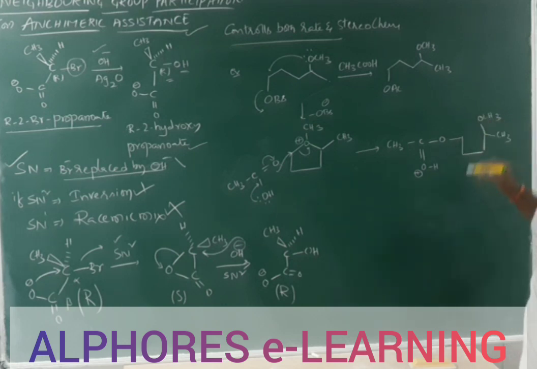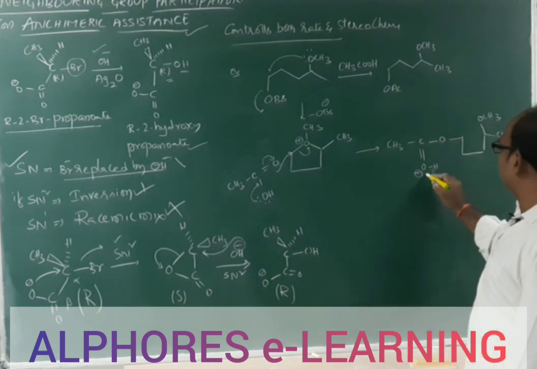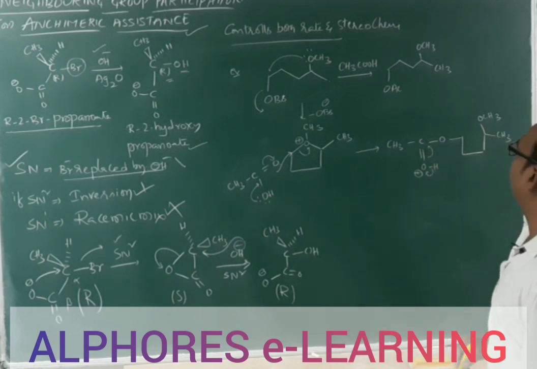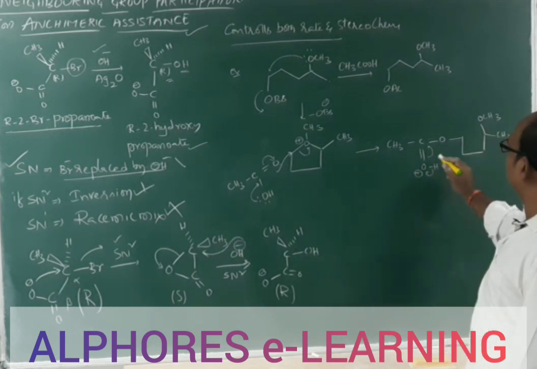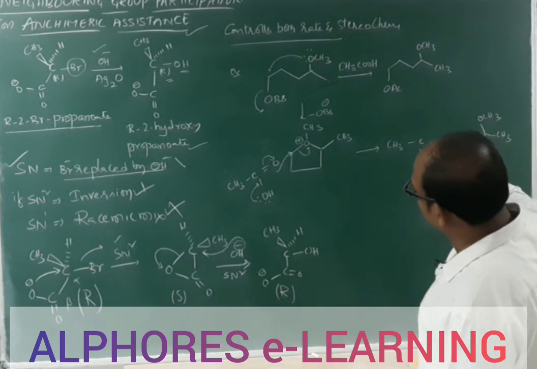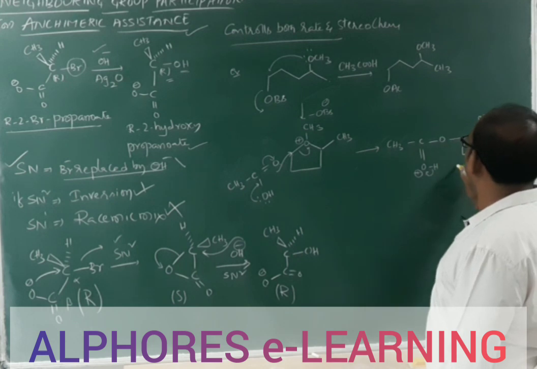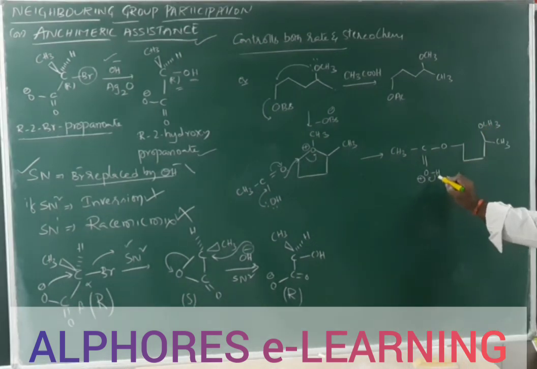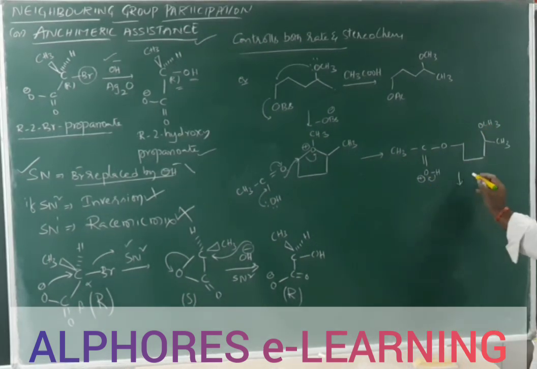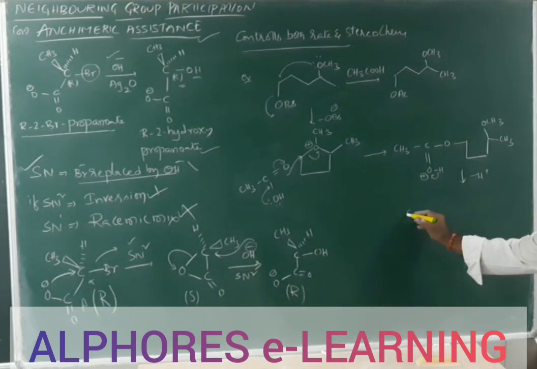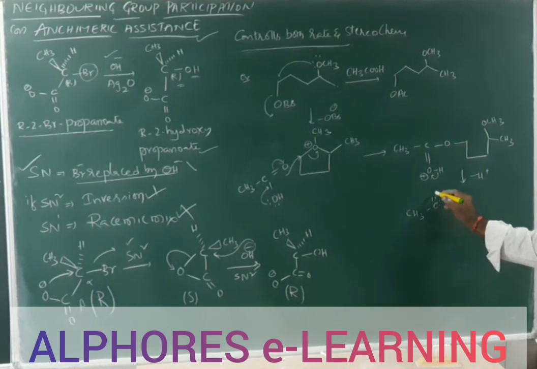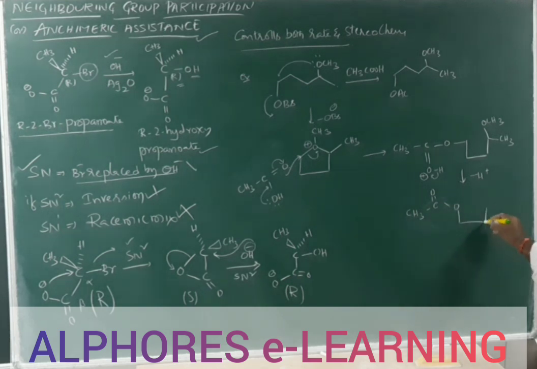Now upon deprotonation, whenever this OH bond pair of electrons breaks, we get CH3 C double bond O, OCH3. This is the product we are getting.